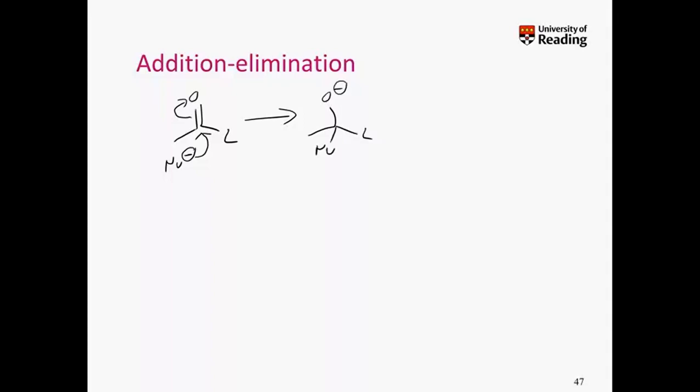We've then formed our tetrahedral intermediate. And then from this step, we're going to reform our carbon-oxygen double bond, and we're going to make the leaving group leave. And we end up with our nucleophile having substituted for the leaving group.